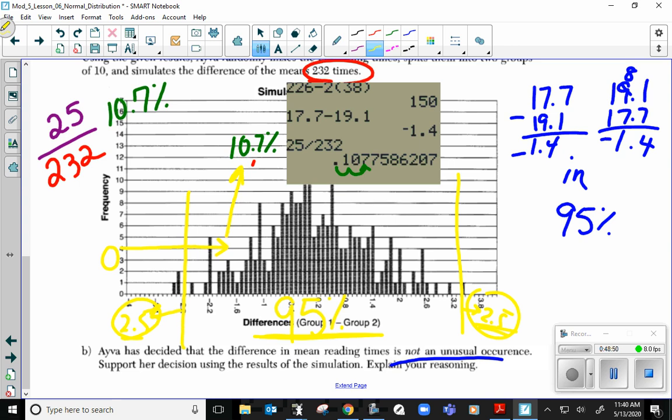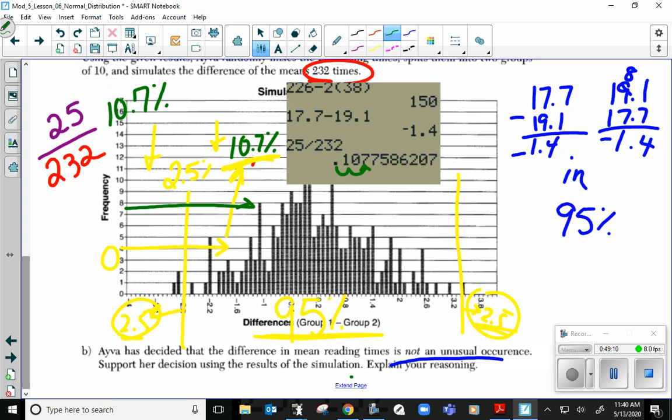Do you see what I'm saying? This right here is 2.5%, uncommon here. Once I pass it, I get into the common area. 10.7 is past my 2.5%. So explain your reasoning.